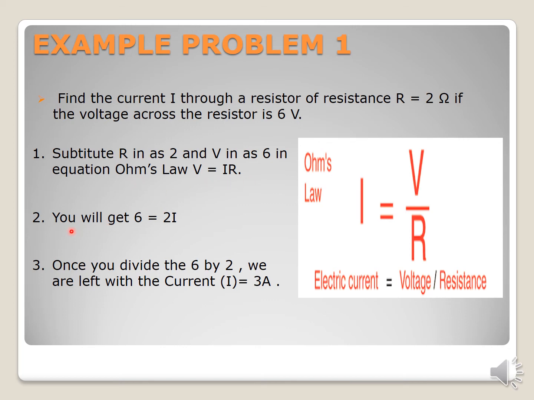The second step, you will get 6 equal to 2I, where I is the current. Once you divide 6 by 2, we are left with the current I equal to 3 ampere. So the answer is 3 ampere.